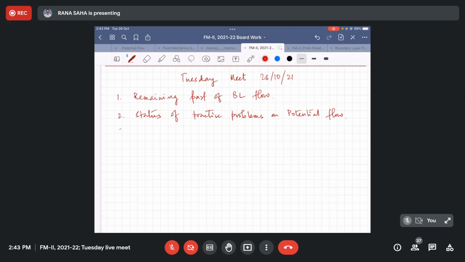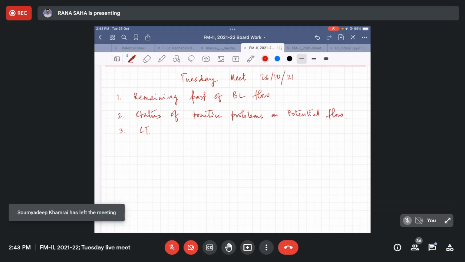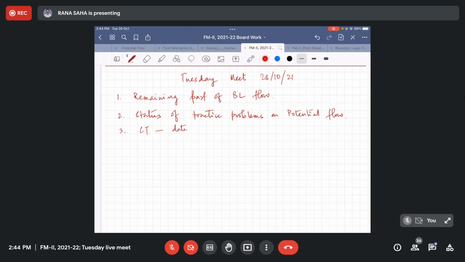And there is another important issue, that is the pass test, CT. Okay. So we need to finalize the date, duration of exam, syllabus.